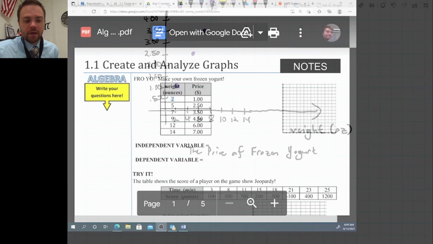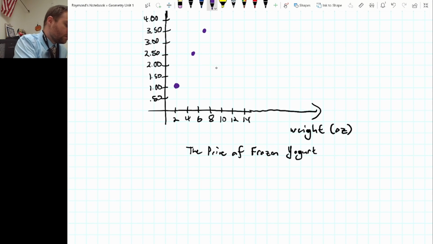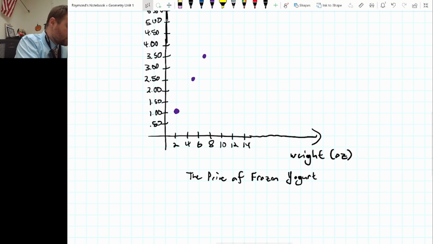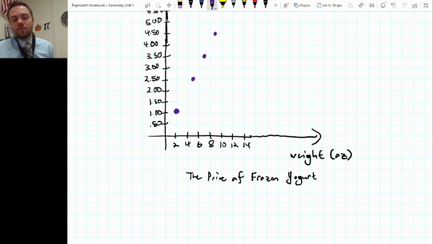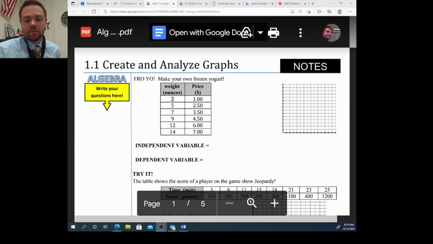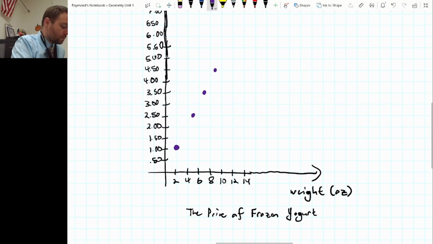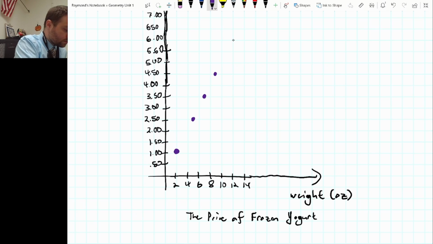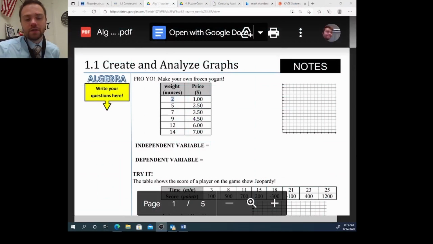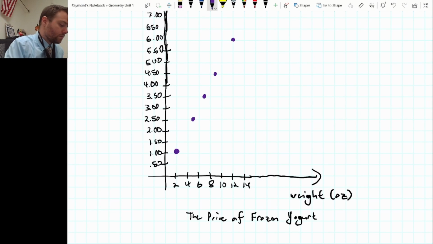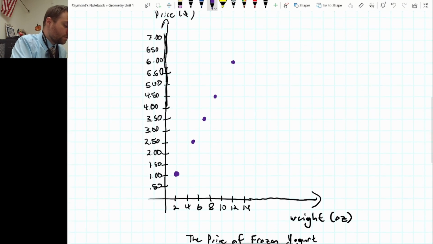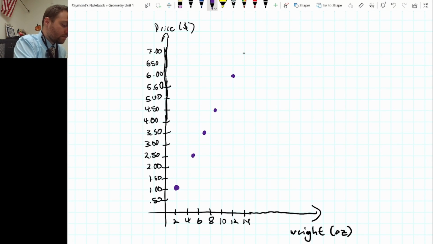Next one's 9, 4.50. And then the next one is going to be 12, 6. And the last one is 14, 7. So just right 14 and up 7.